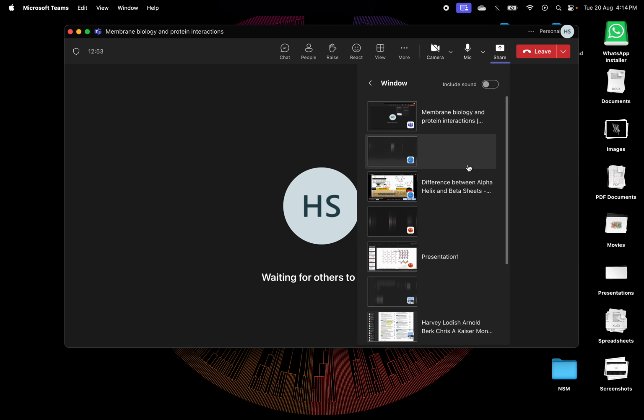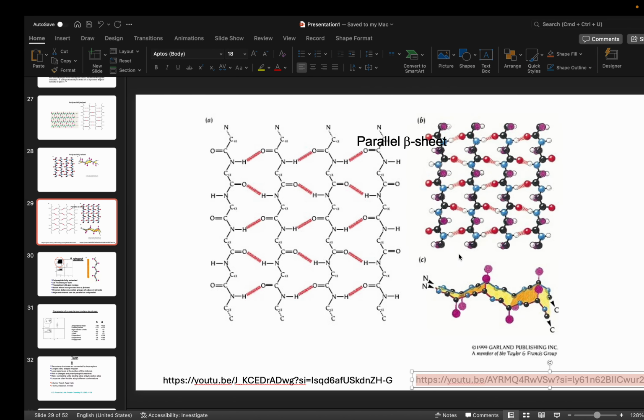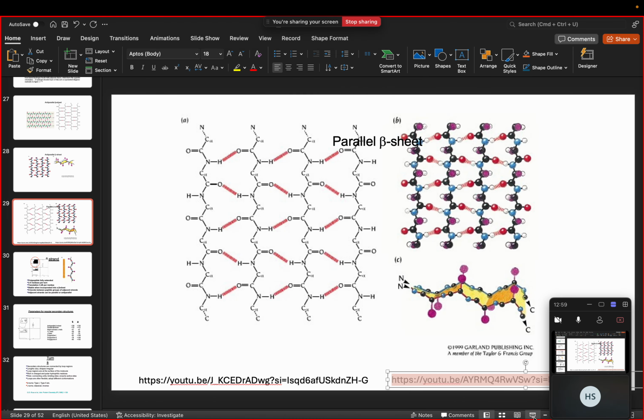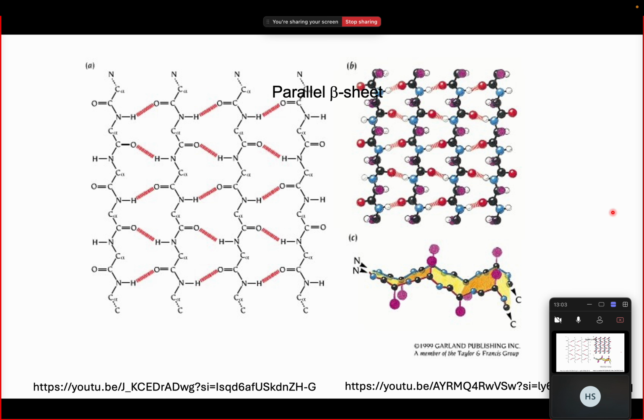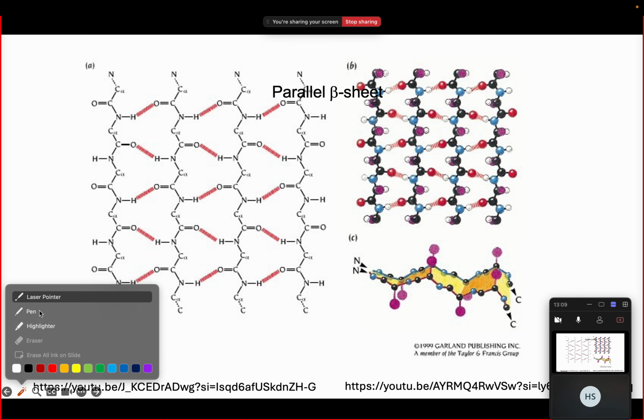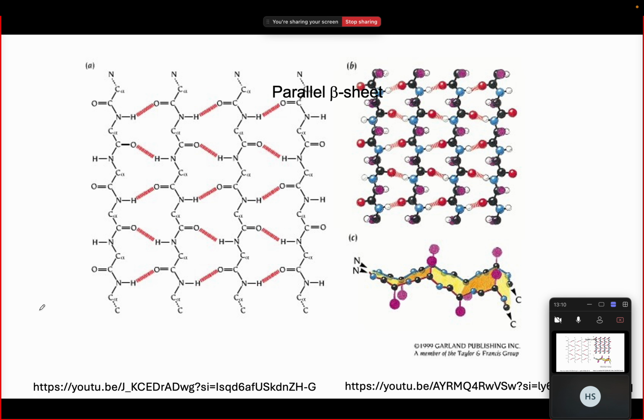Right, so that was the basic difference between alpha helix and beta sheet, which are the predominant secondary structures in protein. So if we talk about alpha helix, in alpha helix the type of hydrogen bonds are intramolecular, that is, the bonds are within the same polypeptide chain, right?